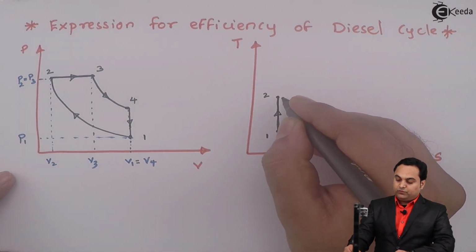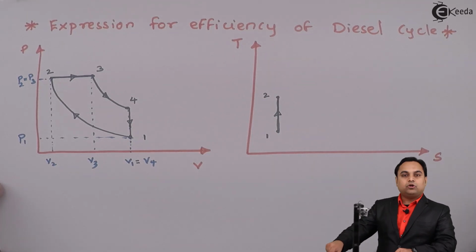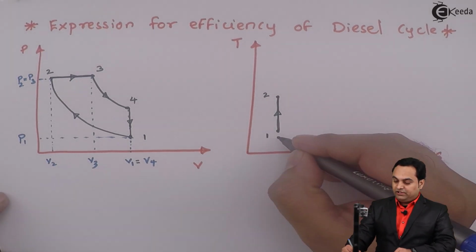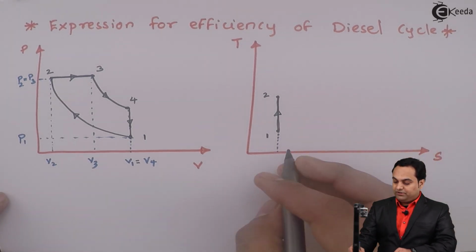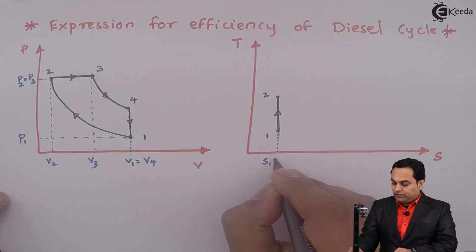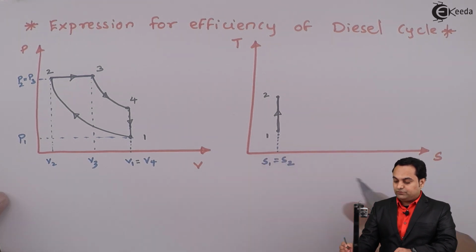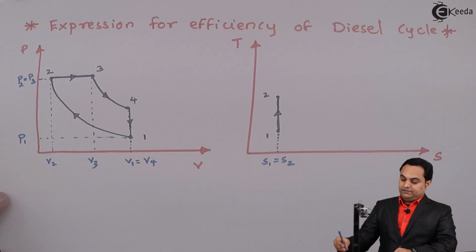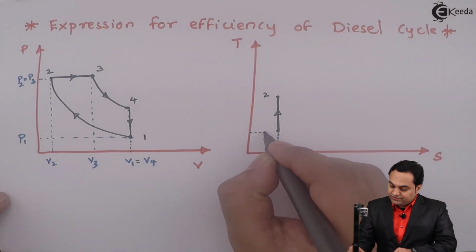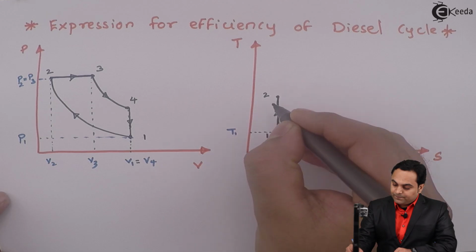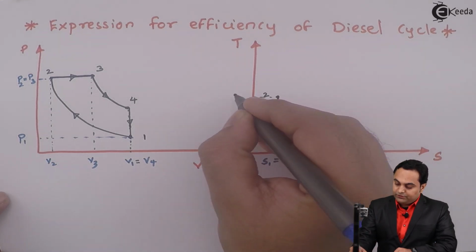So here process 1 to 2 indicates isentropic compression, wherein the entropy remains constant. So S1 is equal to S2 and temperature is increased from T1 to T2.